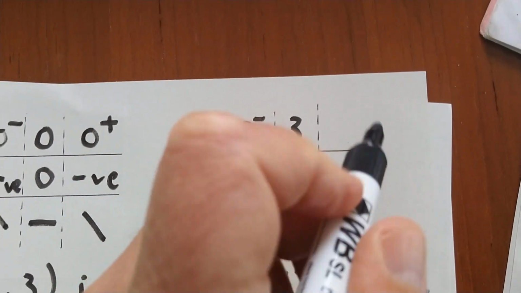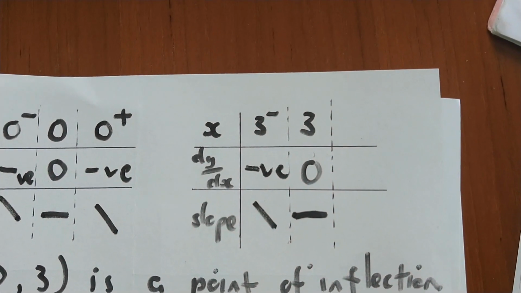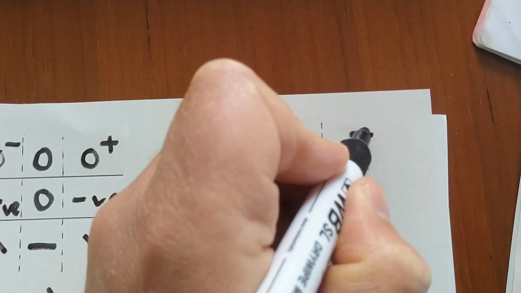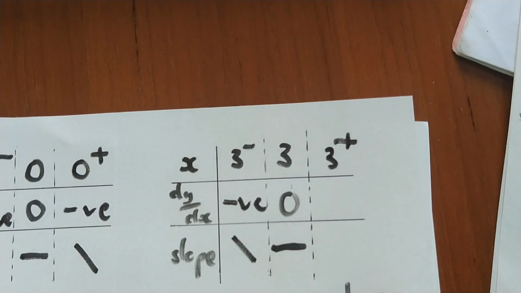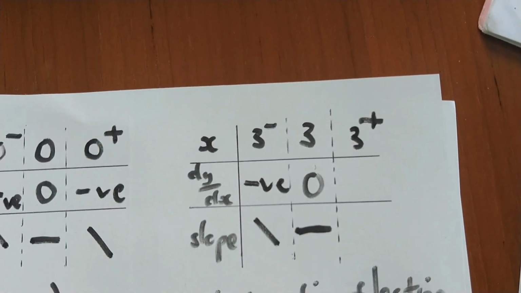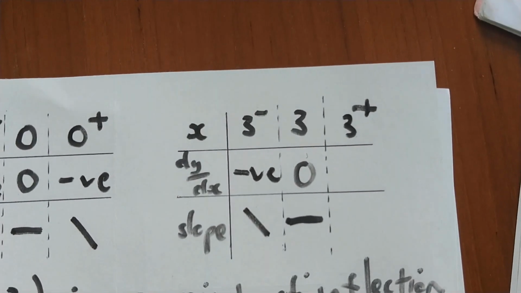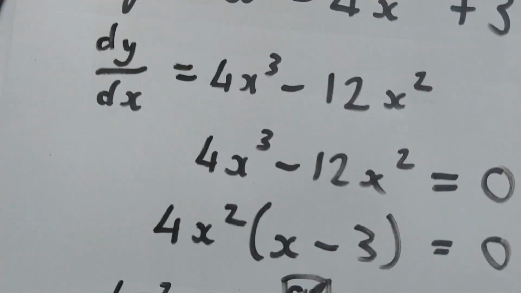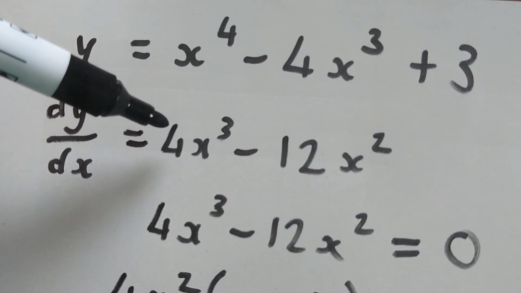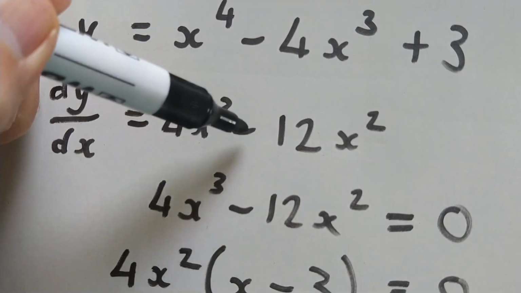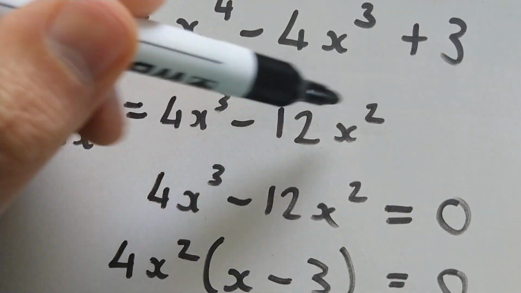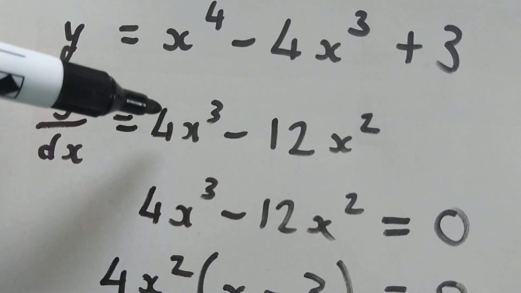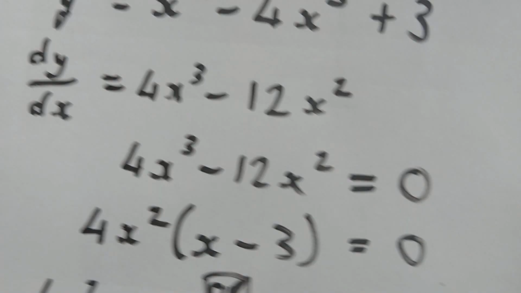What happens beyond x is 3? Well, we mark that as 3 plus, which just means past 3. So again, I'll just look at an extreme example. I'll pick 10, but again, you could choose 4 or 5 or 3.1 if you wished. 4 times 10 cubed, that's 4,000, take away 12 times 10 squared, take away 1,200. I can see the 4,000 is going to dominate, so it's a very positive answer.